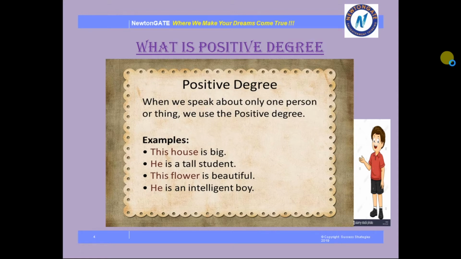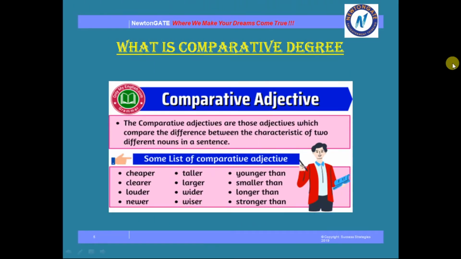Okay, now the second part is, what is comparative degree? Now I know that you know about this form. It means you are comparing 2 things or 2 animals or 2 persons.